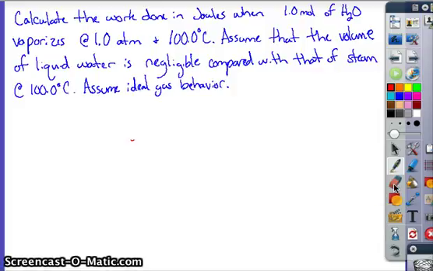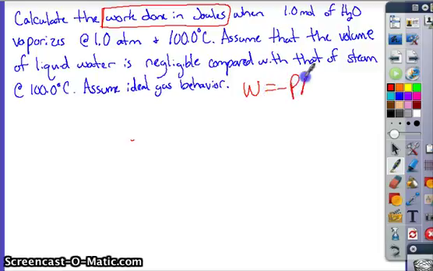We need to identify the work done in joules throughout this process, from H2O vaporizing, going from the liquid to the gaseous state. We know work is equal to the negative pressure times the change in volume. Well, let's look at what's happening here.